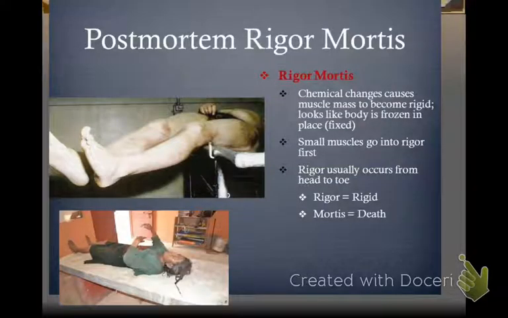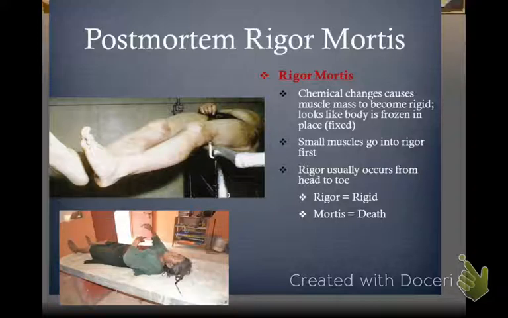So rigor mortis, post-mortem, this means after you die. When a person dies, if the body is in a certain position, notice these two bodies, actually the legs are stiff, and here in the bottom picture, the arms are outstretched.